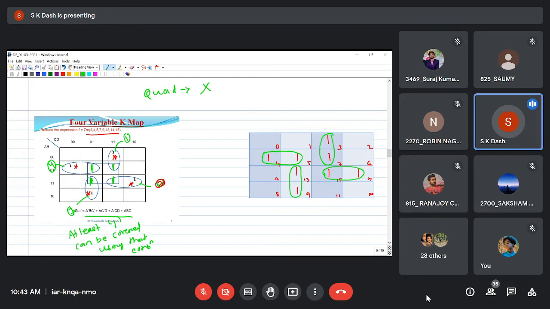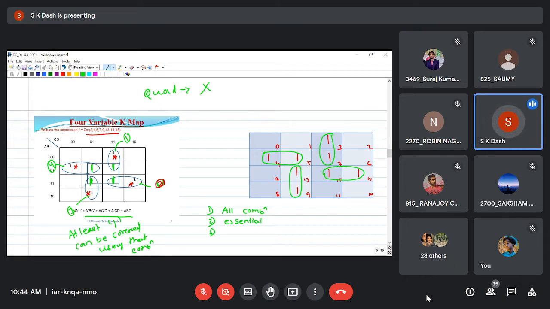So from now onwards, we'll follow these steps. What are the steps? First we'll form all the combinations. Next, you will check for the essential combinations. Once you identify the essential combinations, you will see how many ones are covered.